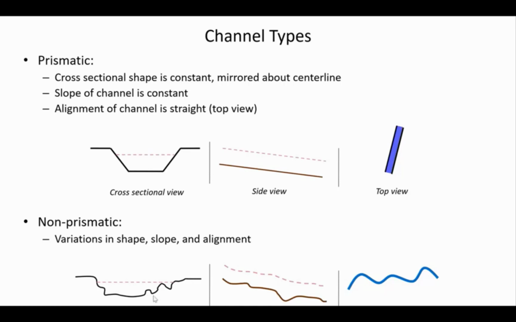And so this little outcropping in the bottom of the channel, it's not coincidence that it's there. There's something about that outcropping that was able to resist the shear stress that was applied by the water on the bottom of the channel as the water was flowing.